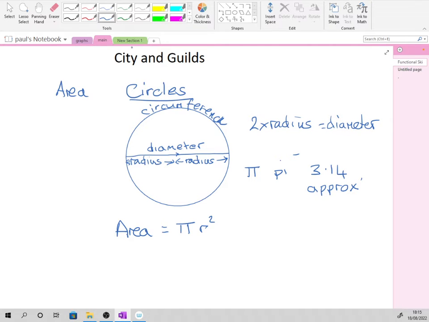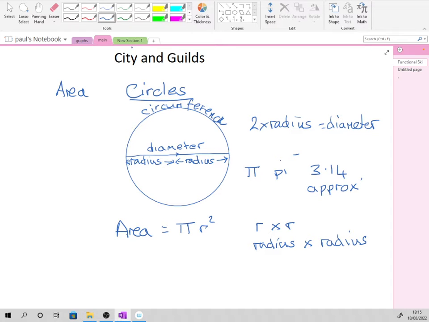So this is why we're multiplying two things together, so that we get the squared bit at the end. Now the radius squared means the radius times the radius. Whatever the radius is, the radius times the radius. That's what the squared bit means.